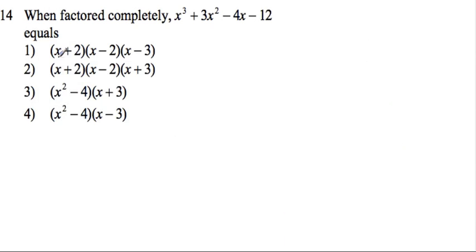Number 14. When factored completely, what is this equal to? Now, when we have 4 terms, many times it is quite convenient to group the first 2 versus the second 2. In the first 2, we realize that x squared is a common factor, so we have x plus 3. Now, how about the second one? We have minus 4 as a common factor, so we have x plus 3.